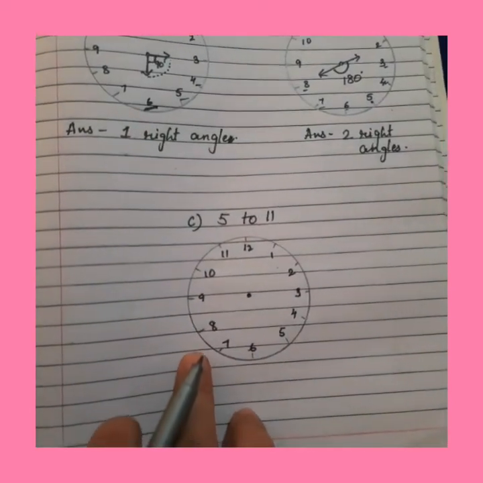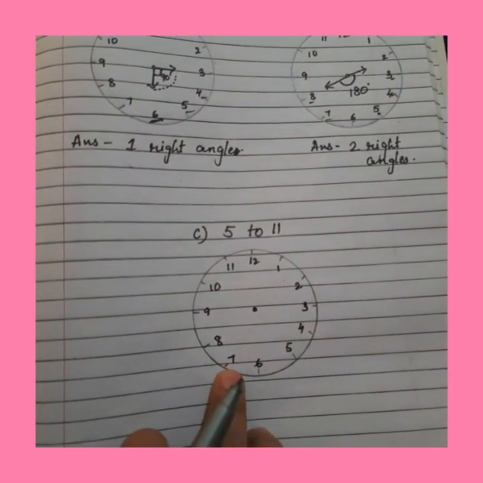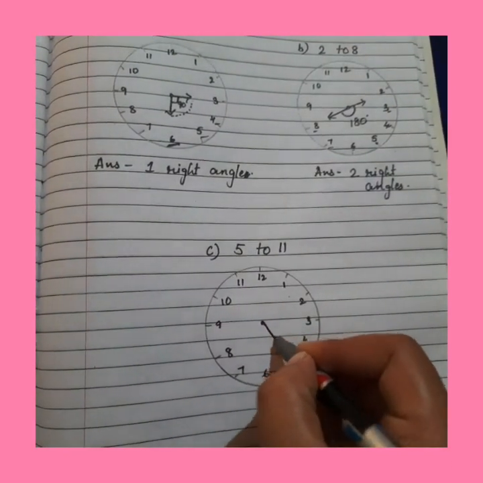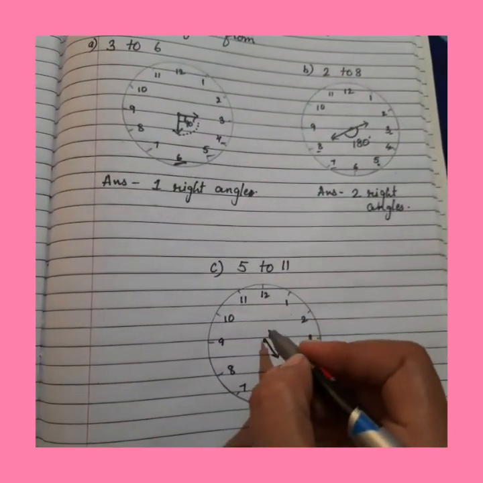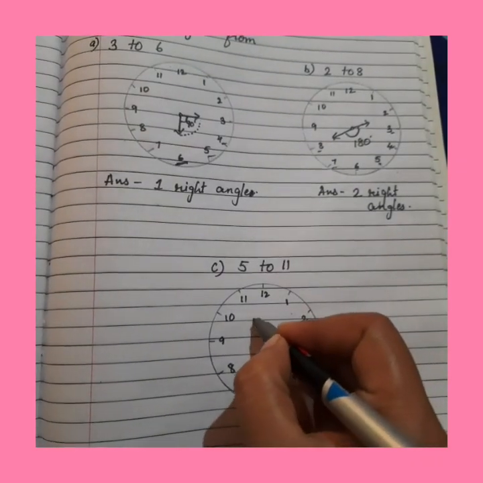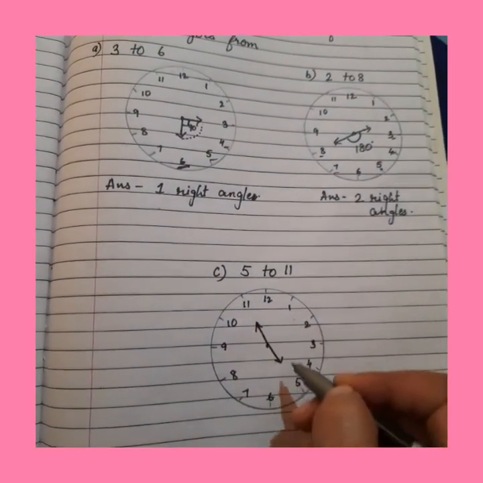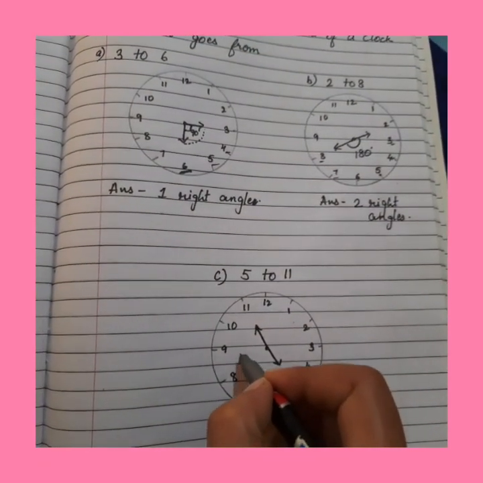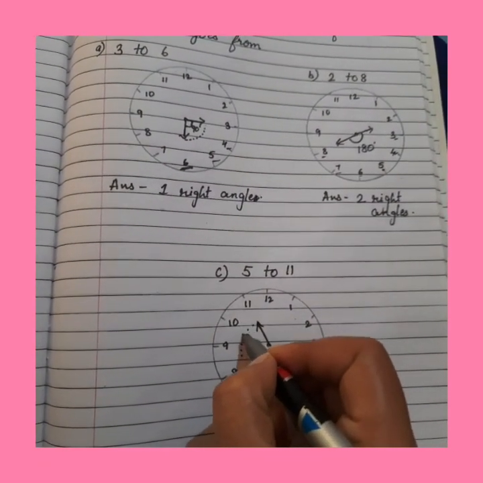Then one more, it is here, 5 to 11. Point the arrow on 5 and the other arrow on 11. Again let's count, it is moving this way.